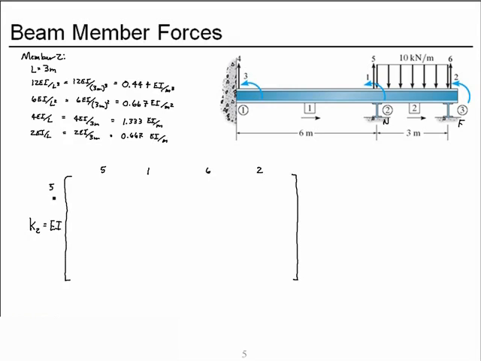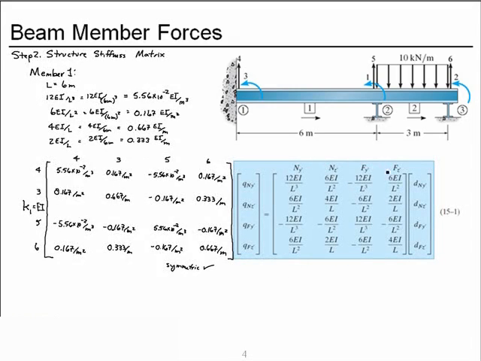So our rows are 5, 1, 6, and 2. And now for the entries. A quick peek back at equation 15-1. You might want to keep it handy. Says we'll start with 12EI over L cubed in the top left, then 6EI over L squared, then minus the 12EI over L cubed, and the positive 6EI over L squared again.